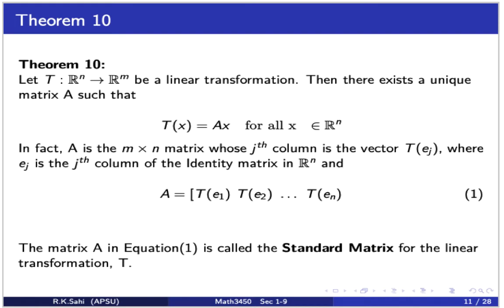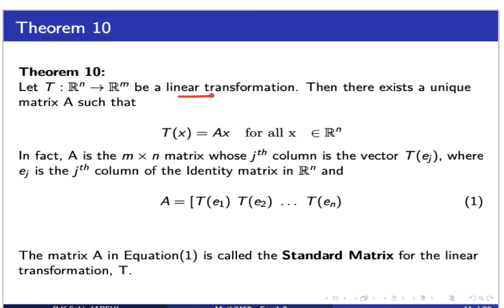What it says is, if T is a linear transformation from Rn to Rm, then that will give us a unique matrix A, such that Tx is equal to Ax for every x in Rn, and this matrix A is formed by the action of T on the columns of the identity matrix. Oh, forgot this little square bracket.